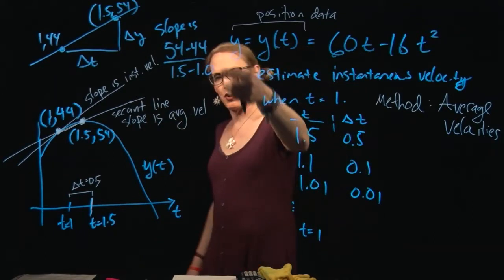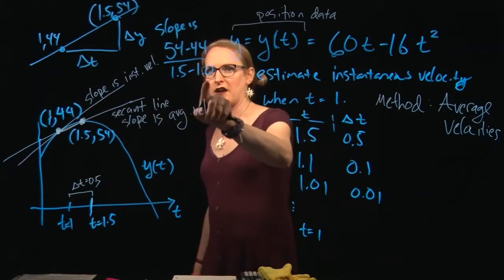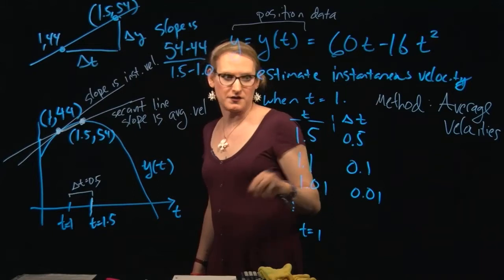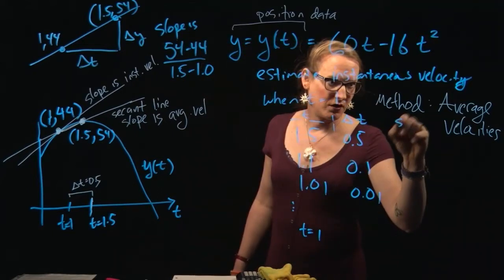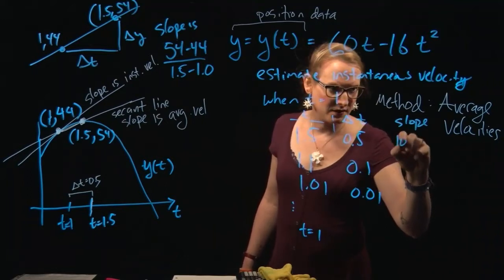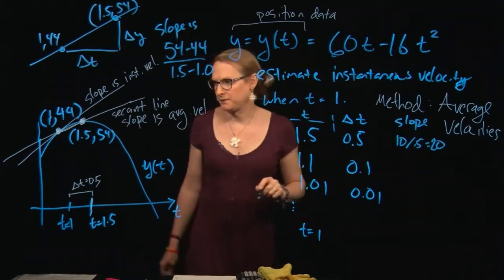Okay, rise over run. The top of 54 minus 44 is 10. 1.5 minus 1 is 0.5. So the slope then is 10 over 0.5, which is 20.